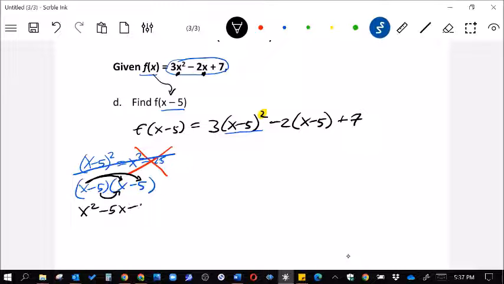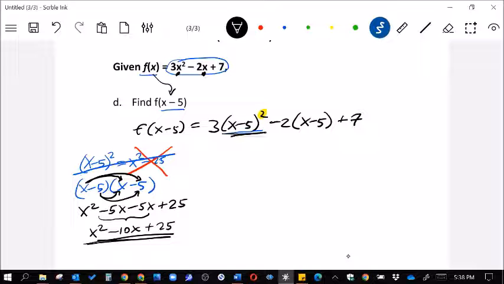And then you do negative 5 times x to get negative 5x, and you multiply the last ones to get 25. But now you have a middle term. You have a negative 10x. So you have x squared minus 10x plus 25. And that is what you are going to put in place of this.